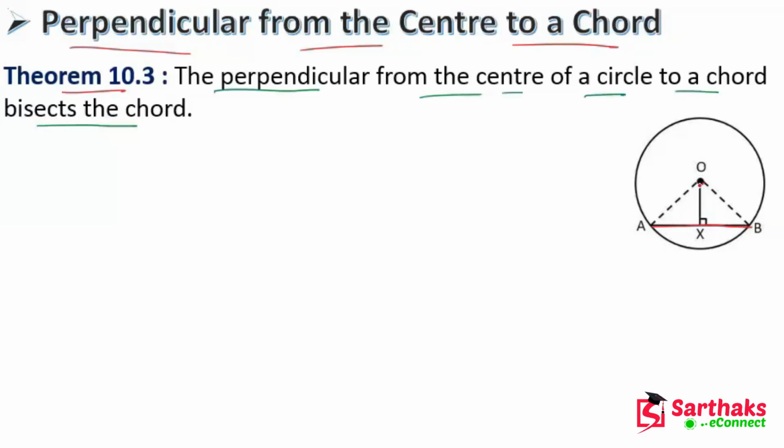If we draw a line from the center perpendicular to the chord, let's say this is OX, then this line bisects the chord AB. We have to prove that AX is equal to BX.